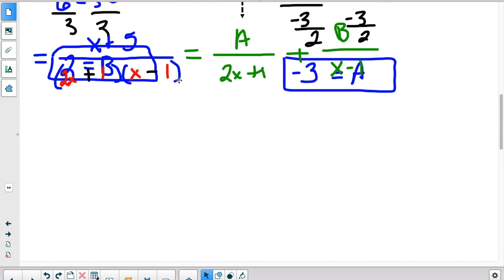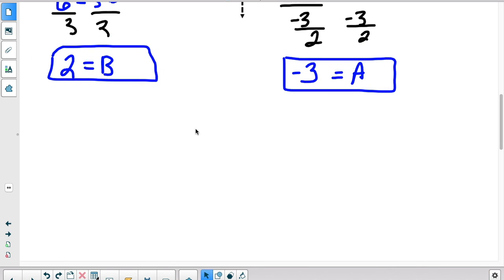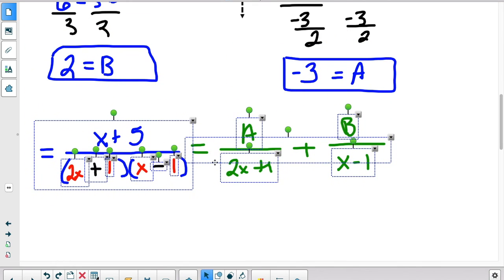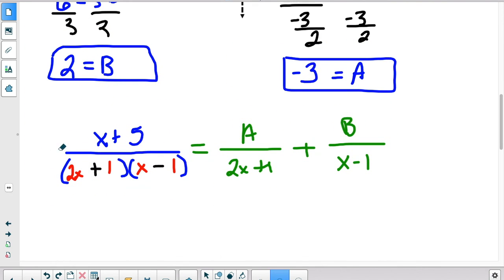So when we plug these back in, we're going to be plugging in for a and b. This a value here is going to be negative 3. So instead of writing a, I'm going to write negative 3.